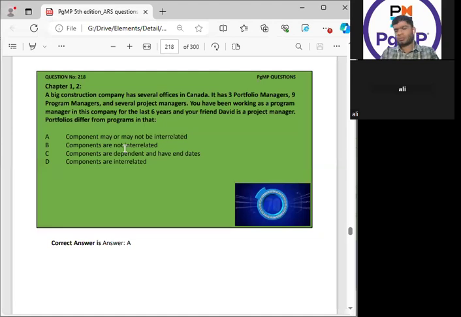So under the portfolio, there are three programs: program A, program B, program C. All three are time-based. That's a general concept. And they may or may not be interrelated. Consider that they are interrelated. So against that condition, if all three programs are interrelated and time-based, is the portfolio against the concept?